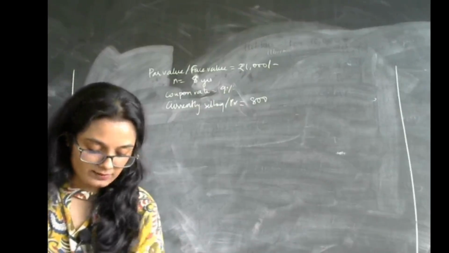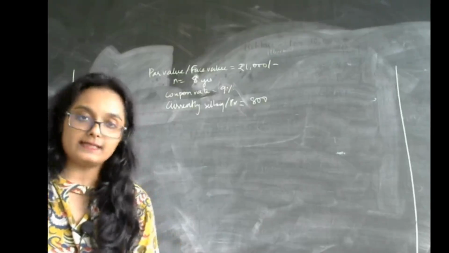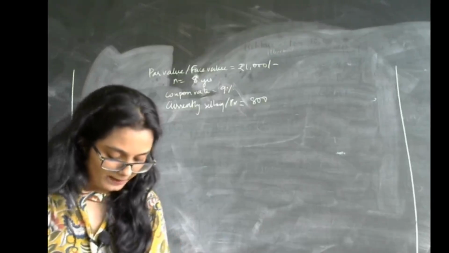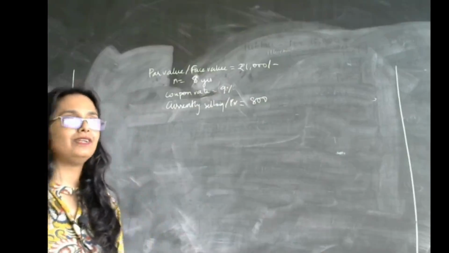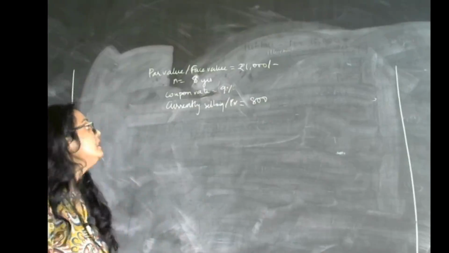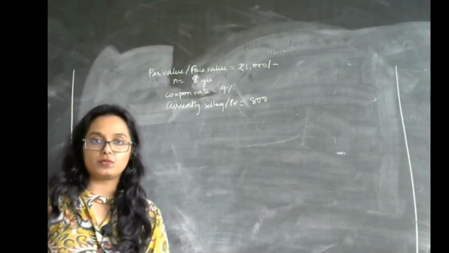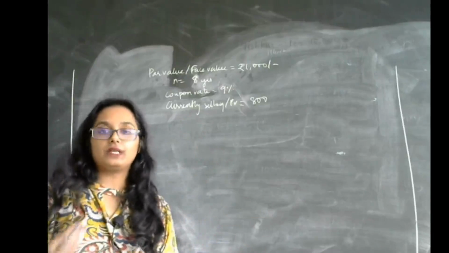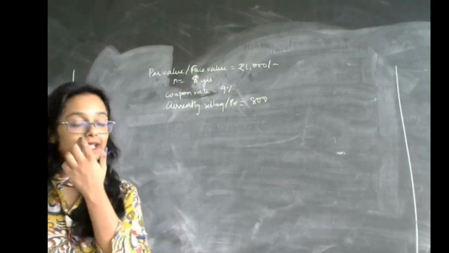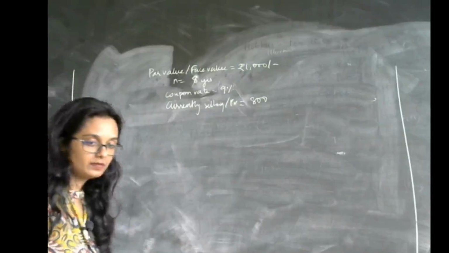So let's do this trial and error method, also called the interpolation method. Let us start with an interest rate of, say, 12%. We are just taking random rates here. You can take 10, 11, 12, anything, and try this out. But I am taking 12%.